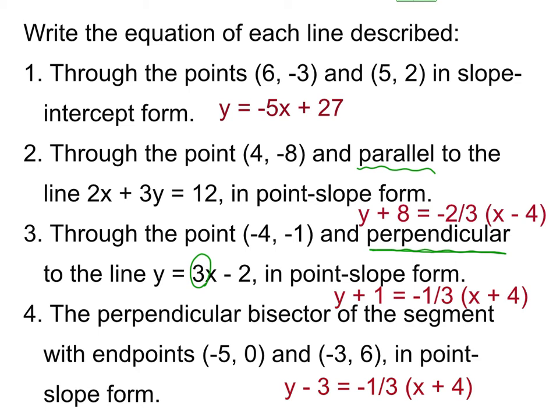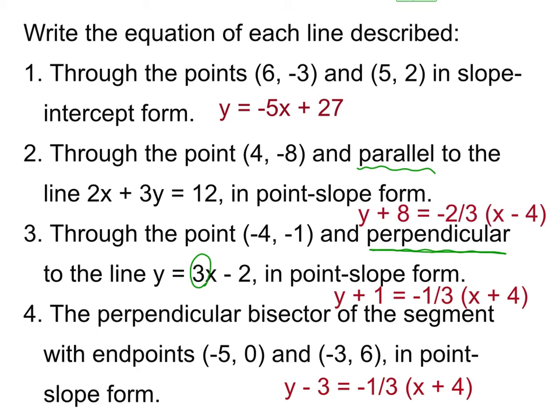Now the slope, realize you didn't keep the same slope. You had to change it for the perpendicular. So your original slope was 6 minus 0 over -3 minus -5, 6 over 2, so 3 was the original slope.